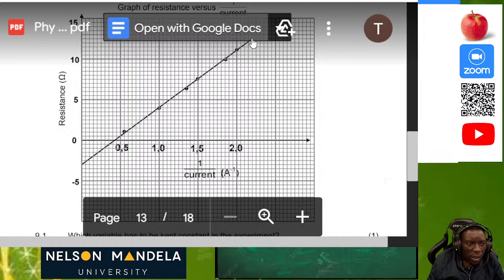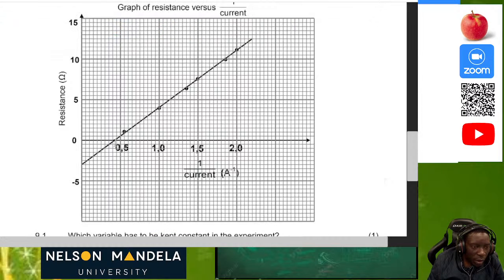That point is at 10, 11, 12, 12.5. So we can say 12.5 minus the other point that we use for reference, which can be this one, y equals 0.